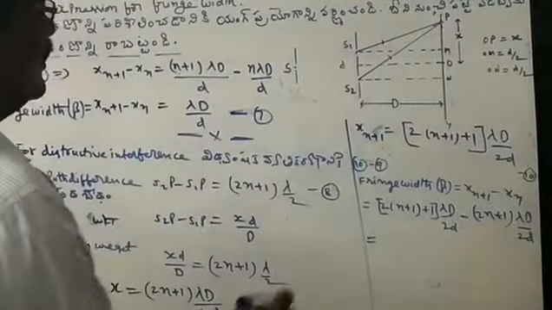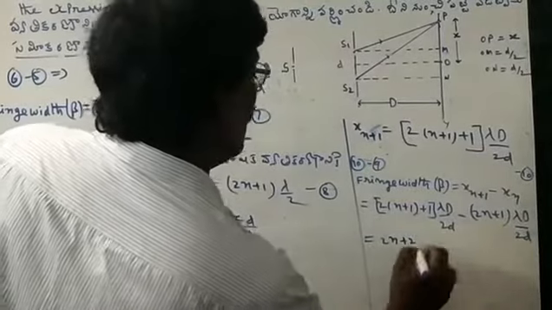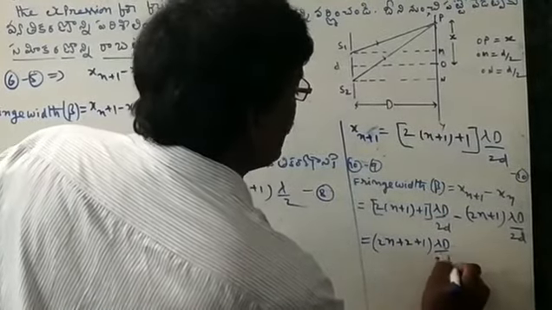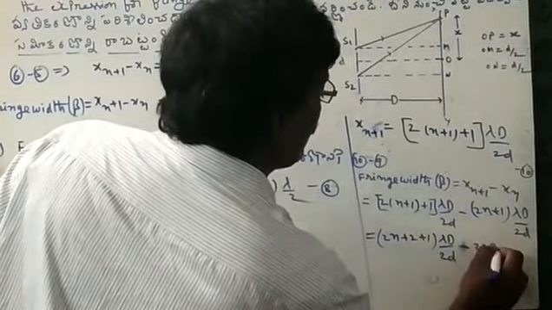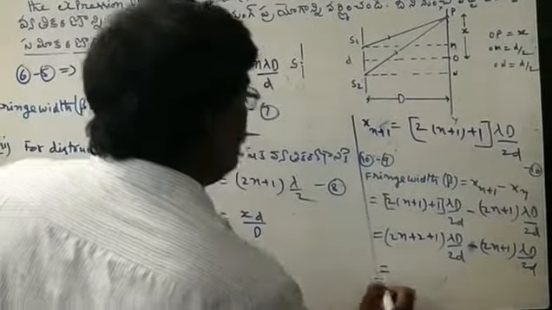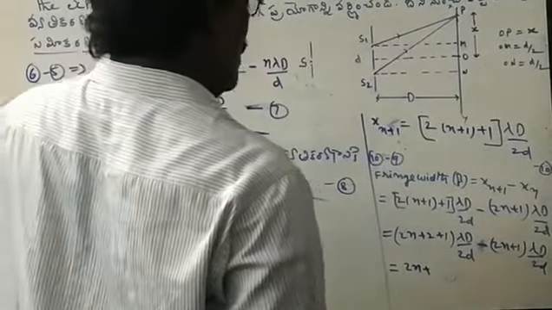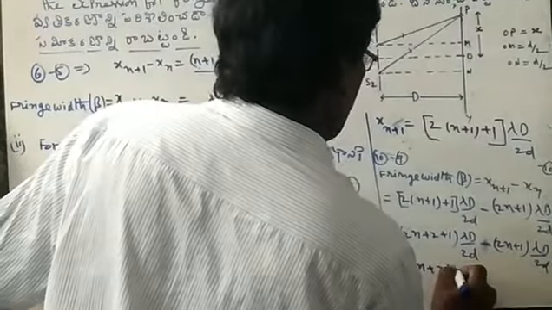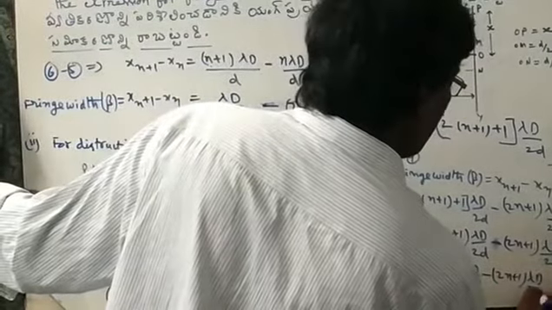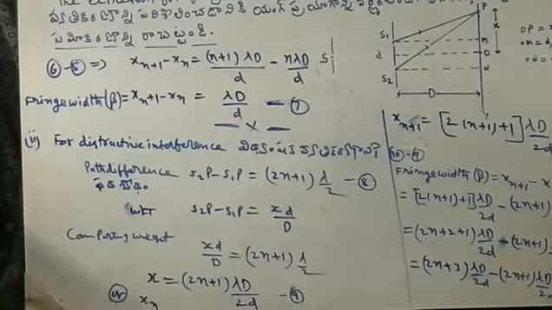Multiplying, we get 2n plus 2 plus 1 into lambda D by 2d minus 2n plus 1 into lambda D by 2d, that is equal to 2n plus 3 into lambda D by 2d minus 2n plus 1 into lambda D by 2d, that is equal to lambda D by d.